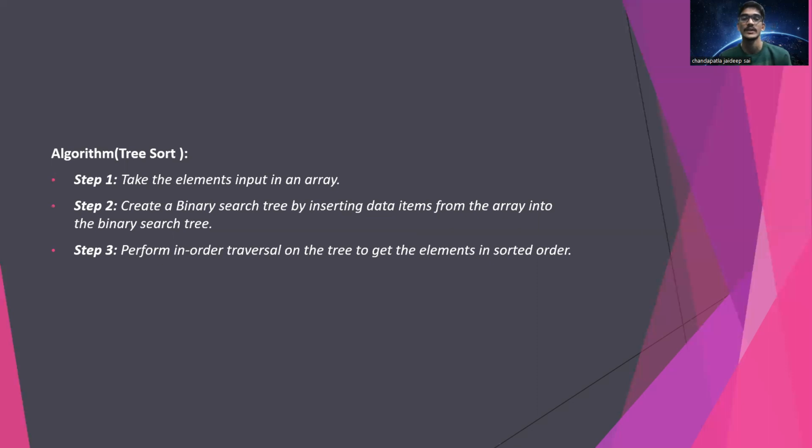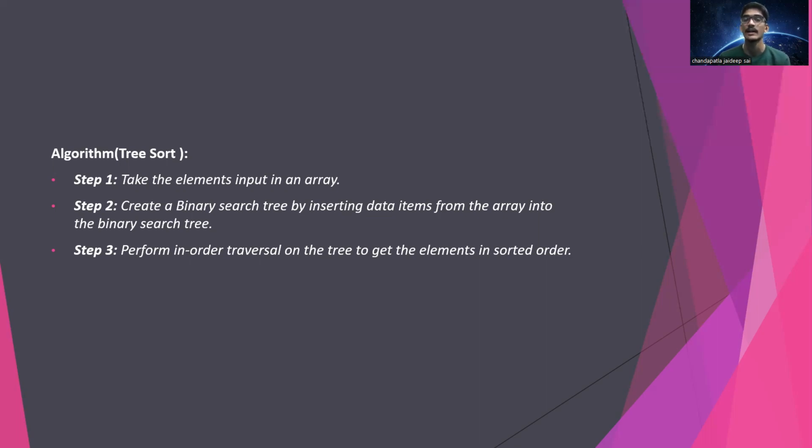For the tree sort algorithm, the first step is to take the elements as an input array. And step 2 is to create a binary search tree by inserting data items from the array into the binary search tree.